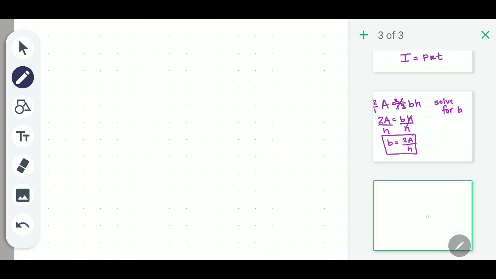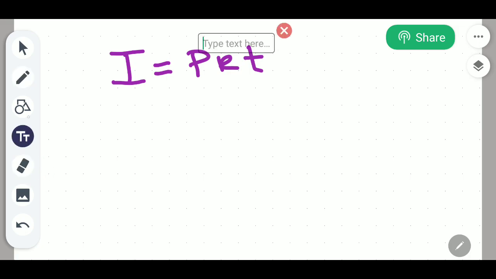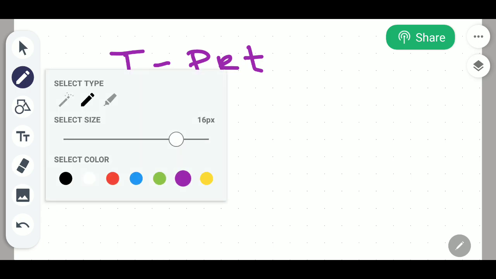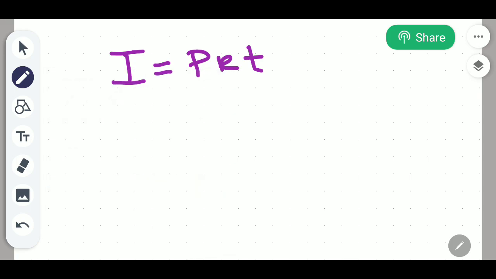Let's look at the simple interest equation. So interest equals principal times rate times time. Okay? Let's look at the different variables around. So we're going to solve for t. So we're trying to get t by itself. Okay?